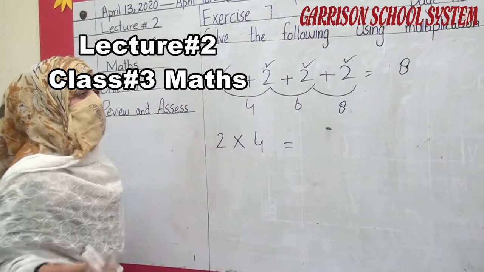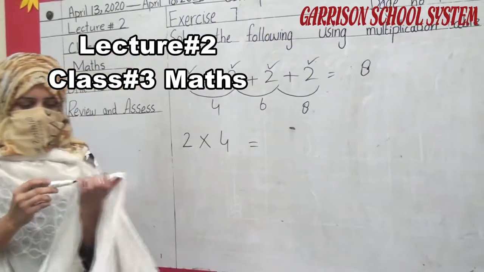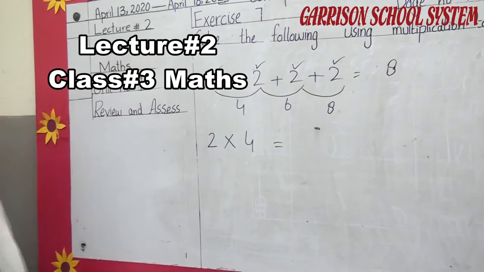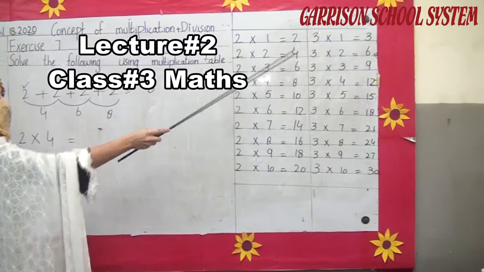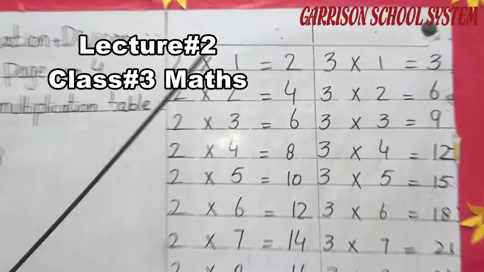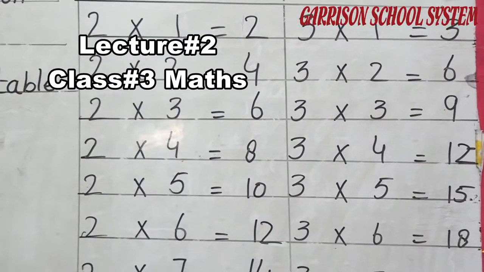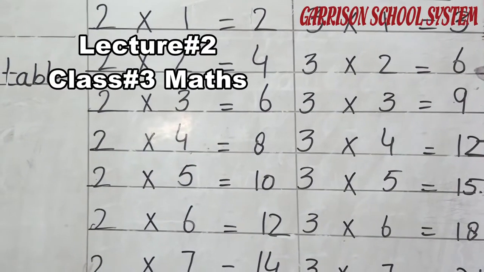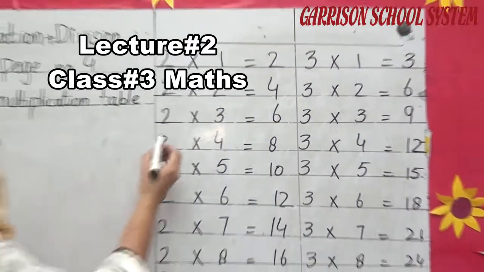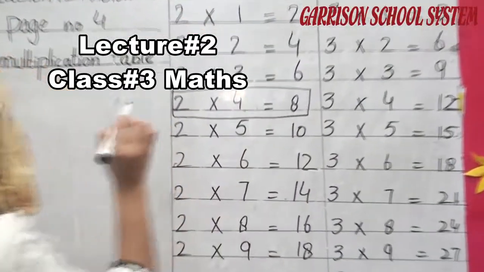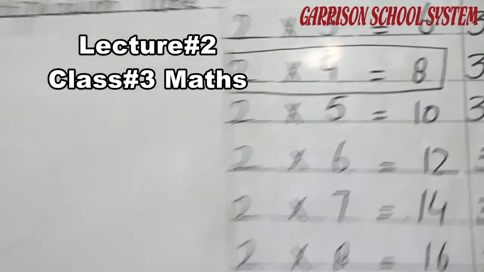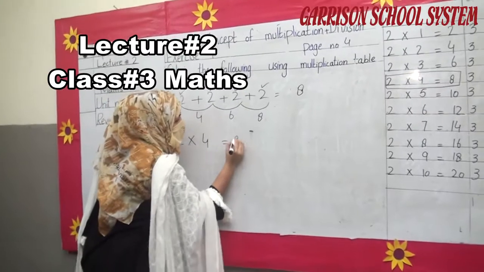So look at the table of 2. 2 1s are 2, 2 2s are 4, 2 3s are 6, 2 4s are 8. What is the answer? 2 4s are 8. So here the answer should be 8.